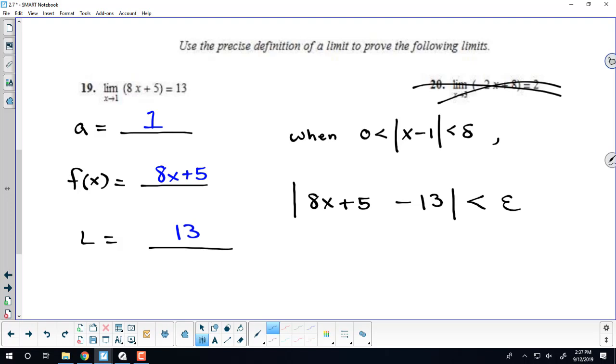So once we identified A, f of x, and L, we just fit those pieces into our absolute value statements.